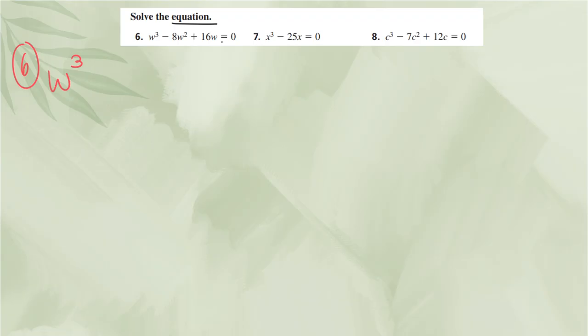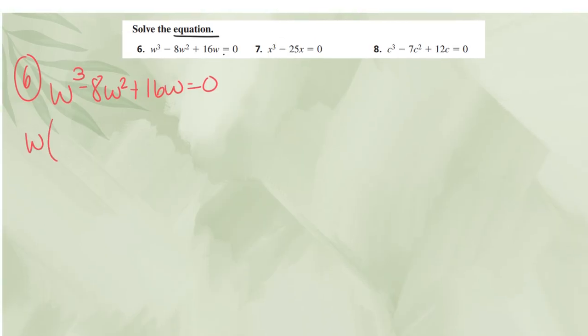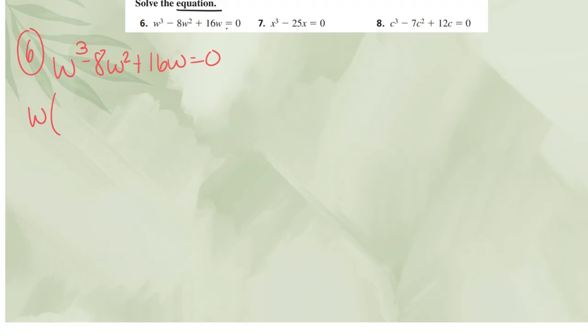I make this smaller so that it can fit. Minus 8W squared plus 16W equals 0. On this first one, I can take out the W, correct? And I'm left with W squared minus 8W plus 16 equals 0.